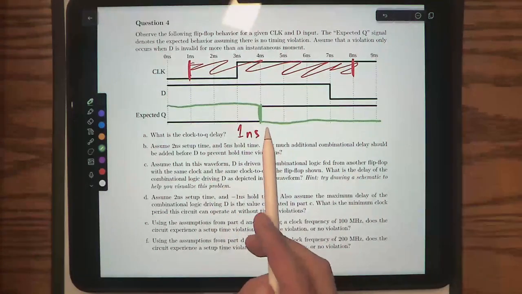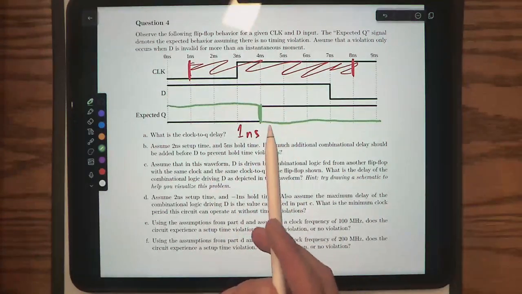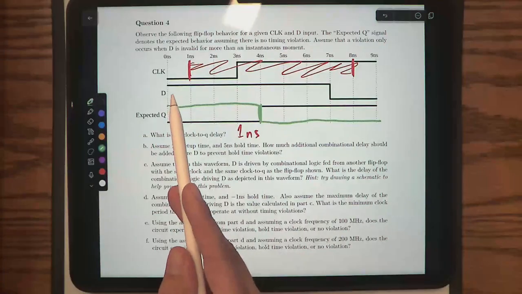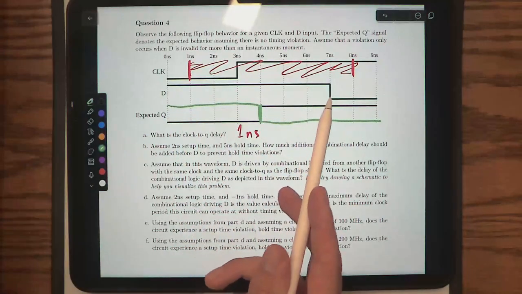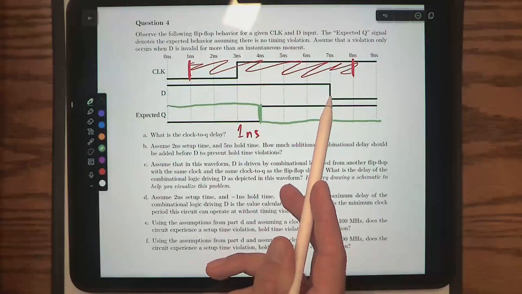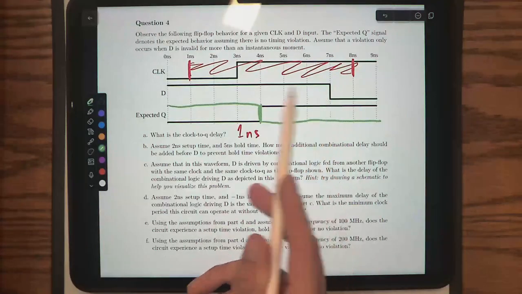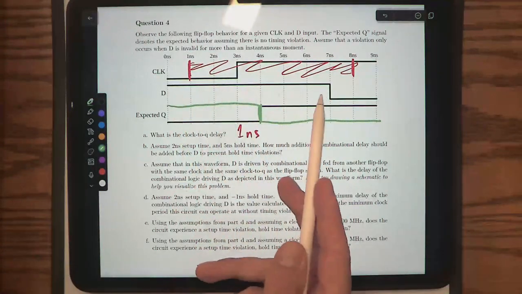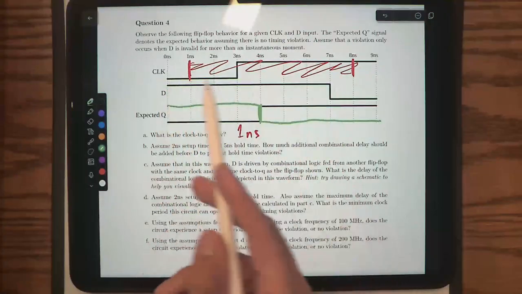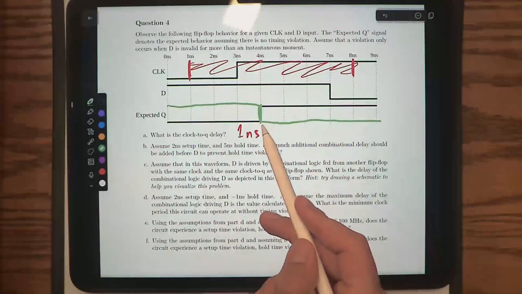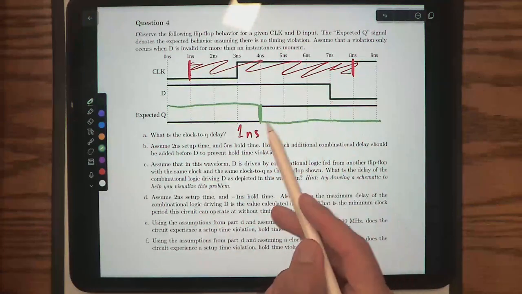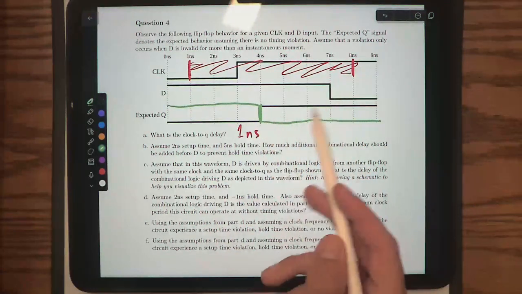So we're expecting it to drop to 0 here, but D is set to 1, and it's set to 1 until finally it turns to 0 correctly, but it happens way too late, like 6 nanoseconds too late, because we were expecting it to be 0.